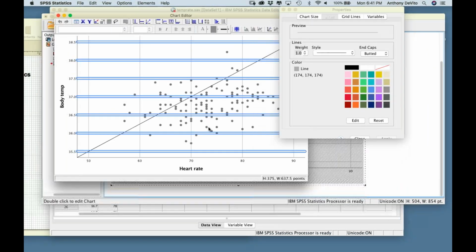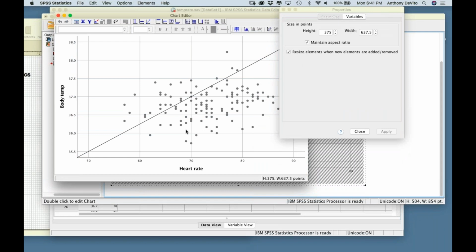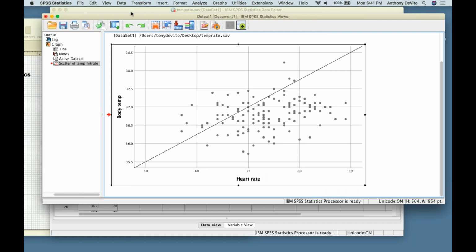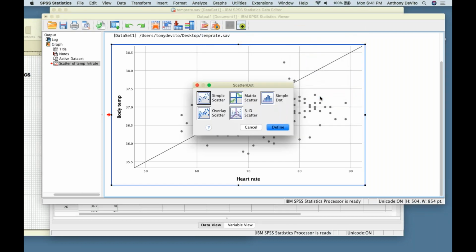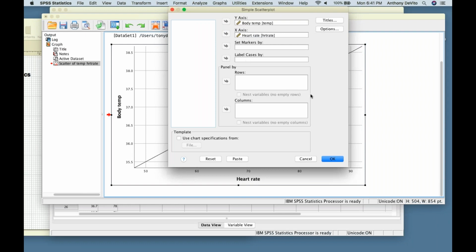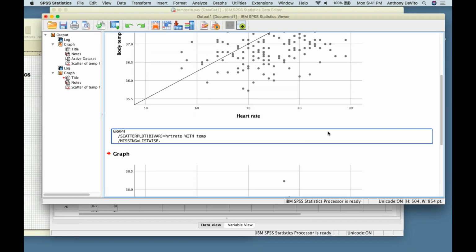Scatterplot, let's see. Let me try this again. Graphs, legacy diagram, scatter dot. Okay.